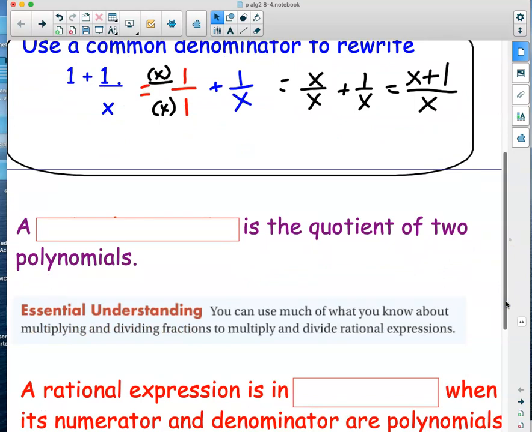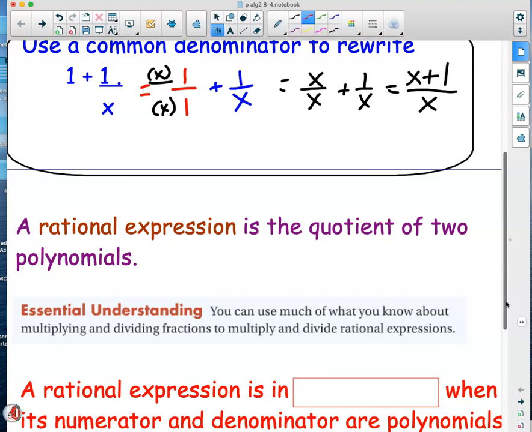some simplifying. So, a rational expression is the quotient of two polynomials. There come all the fancy words, right? Rational expression, the root word for rational is ratio. A ratio in math is a fraction. So we're going to talk about fractions. And quotient in math means division.